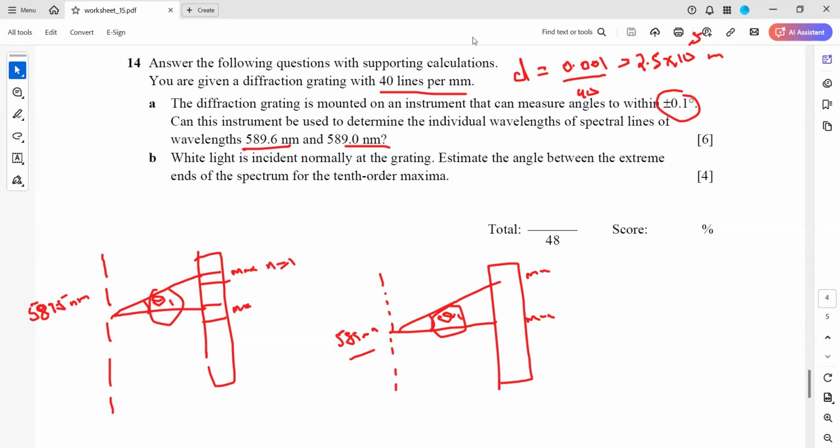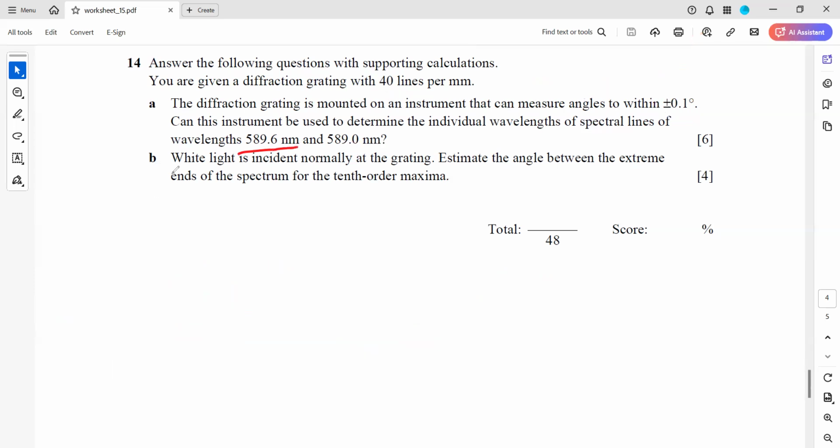First we'll determine, for example, for a wavelength of 589.5, d is already known. So we use the formula d sine theta equals n lambda. We are determining the angle for the first order, so theta 1. And d is 2.5 into 10 to the power minus 5.